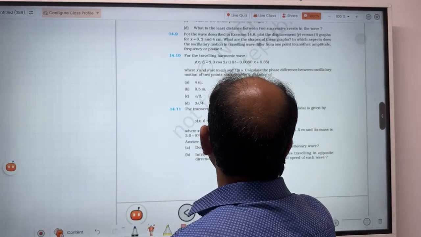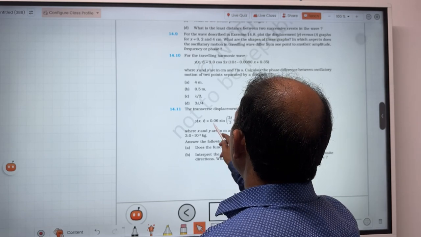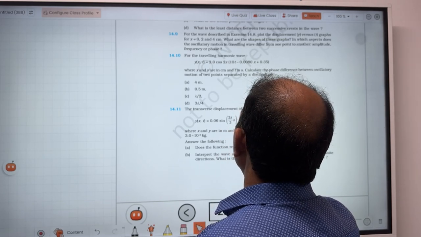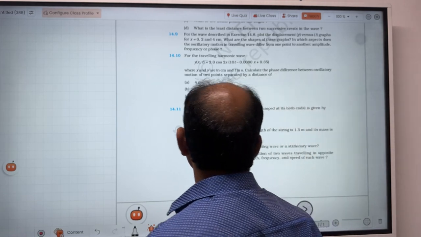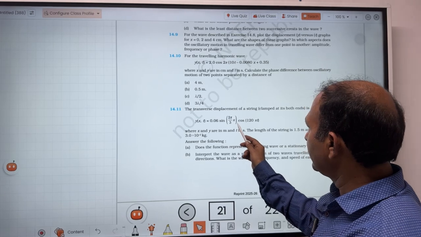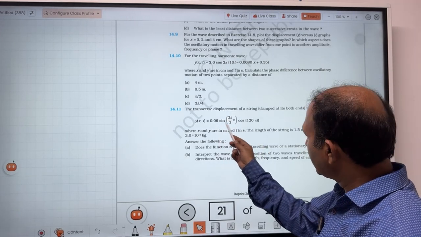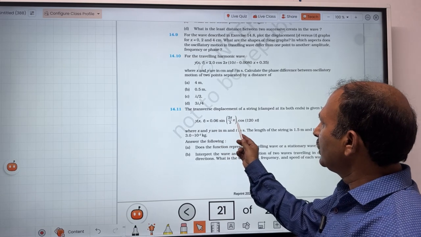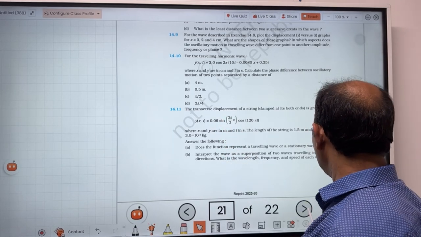From here, if you observe, this term represents amplitude, right? 0.06 sine 2 pi by 3 into x. It means it depends on x. So other things will remain the same except the amplitude. So amplitude can be found at any distance or at any time. Here, when x is given, we can easily determine the amplitude.